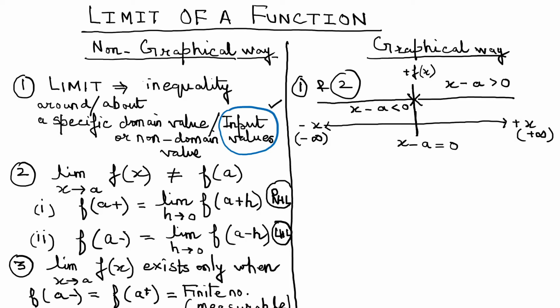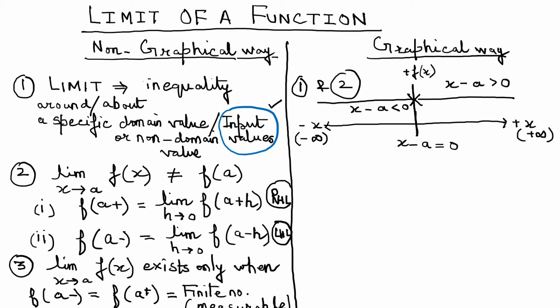I mean the value of that function around that value of x, not at that value of x. So we are talking about the neighborhood values when we talk about the limit of a function. And that is how we are limiting the intervals of the domain, giving rise to the intervals or a specific value of a range. That is exactly what we are doing.